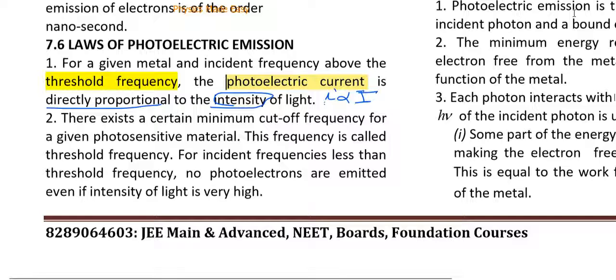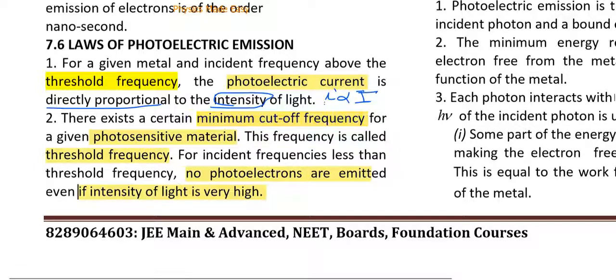And there exists a minimum cutoff frequency for a given photosensitive material. This frequency is called the threshold frequency. For frequency less than the threshold frequency, no photoelectrons are emitted, whatsoever may be the value of intensity.